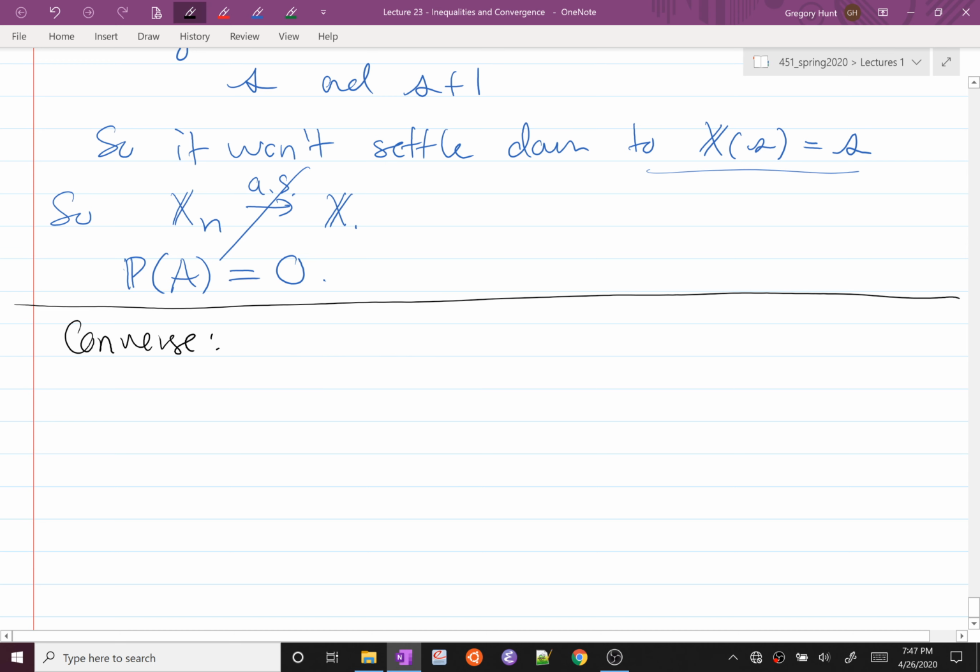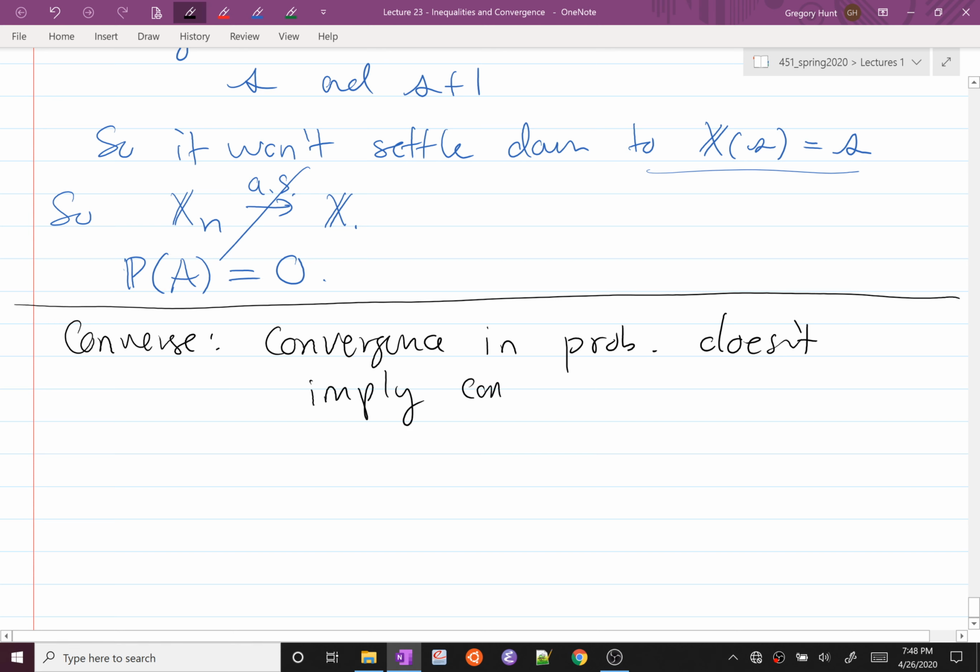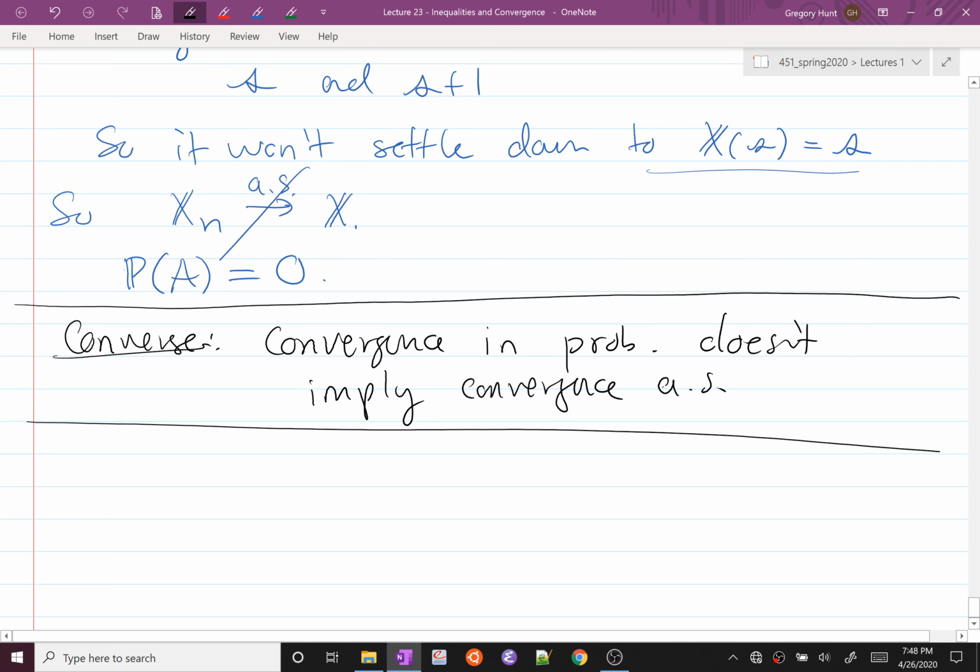Let's write legibly here: convergence in probability doesn't imply convergence almost surely. So our converse is false. We know almost sure convergence implies convergence in probability, but convergence in probability doesn't imply convergence almost surely.